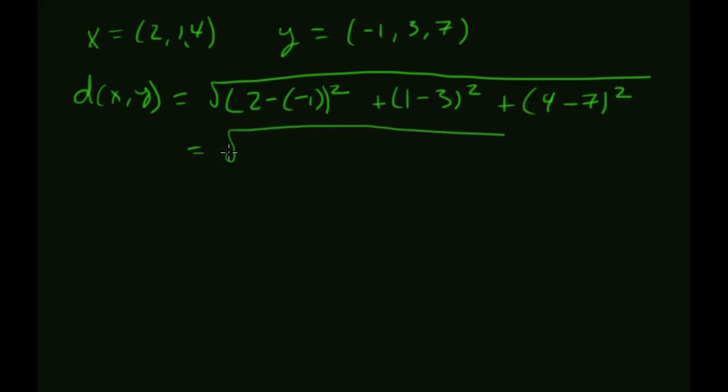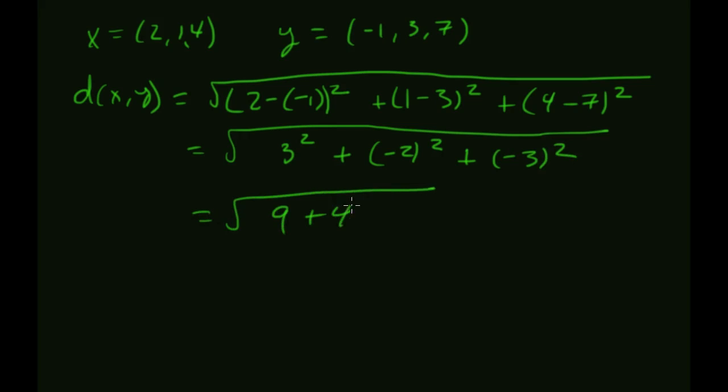Let's see, what's that going to give me? This is 3 squared plus (-2) squared plus (-3) squared. So this is like the square root of 9 plus 4 plus 9, which is the square root of 22, which is approximately 4.69.